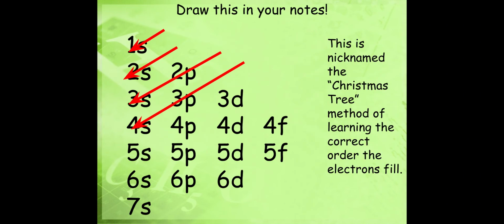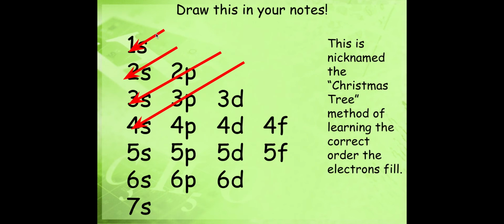One thing you need to notice is that when you're writing the electronic configuration using this method, the orbital that this arrow is going to pierce through first is the one that you're going to write first, keeping track of the number of electrons.